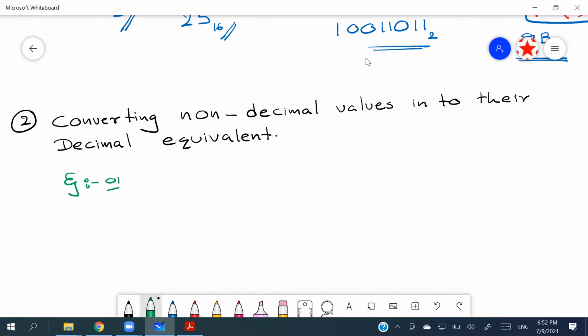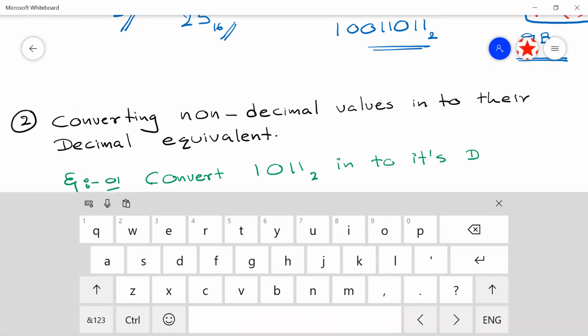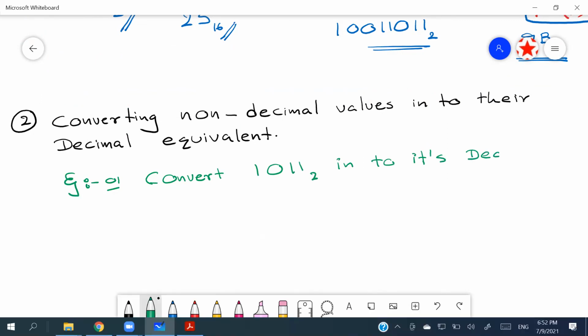So the first example says convert 1011, this is a binary value, into its decimal equivalent. Right?